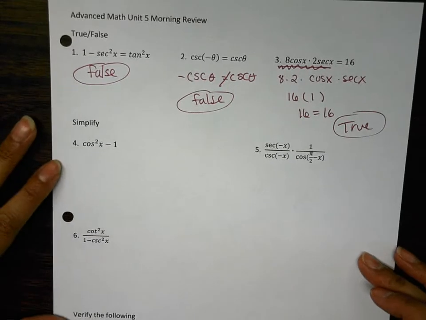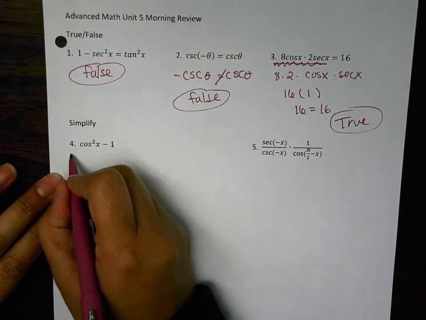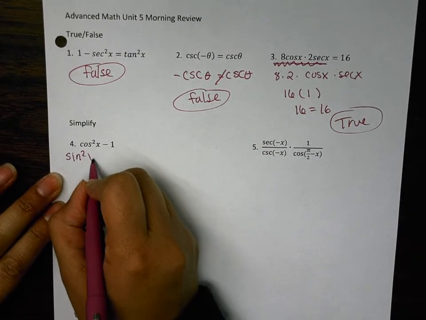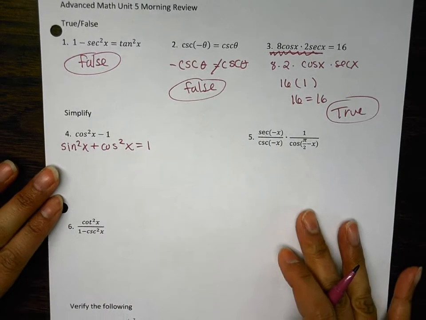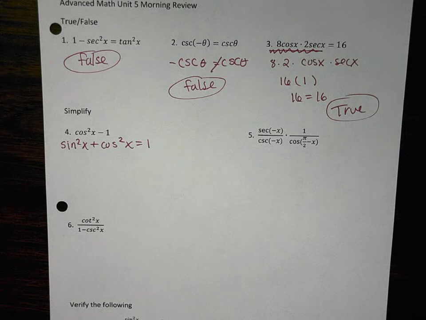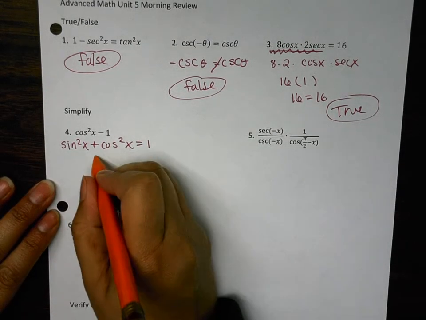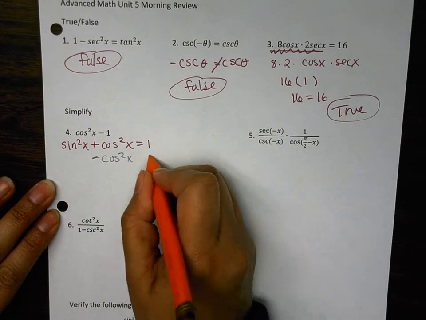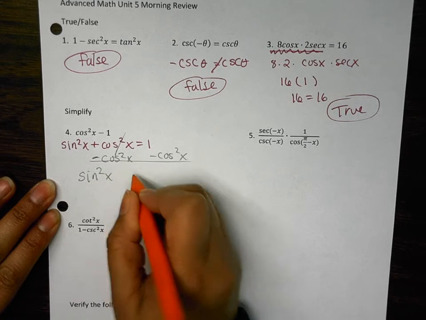No questions? All right. Simplify cosine squared x minus 1. What does that equal? Sine squared x? I heard somebody saying negative. What's the original identity? Sine squared x plus cosine squared x equals 1. Any suggestions on what to do? To get cosine and 1 on the same side, what would I do? Subtract the cosine. Okay, so it's kind of like the last one that we just talked about.